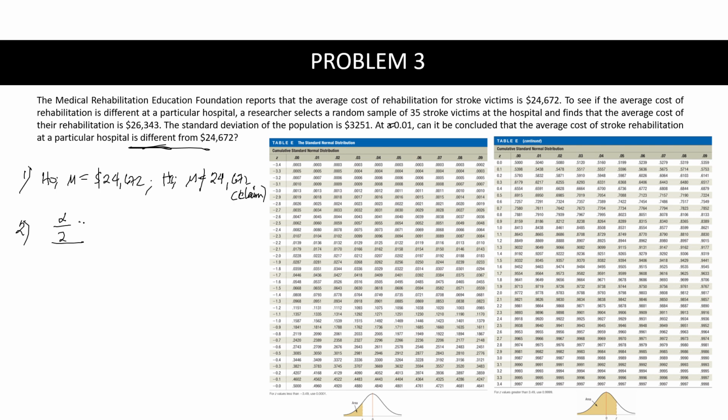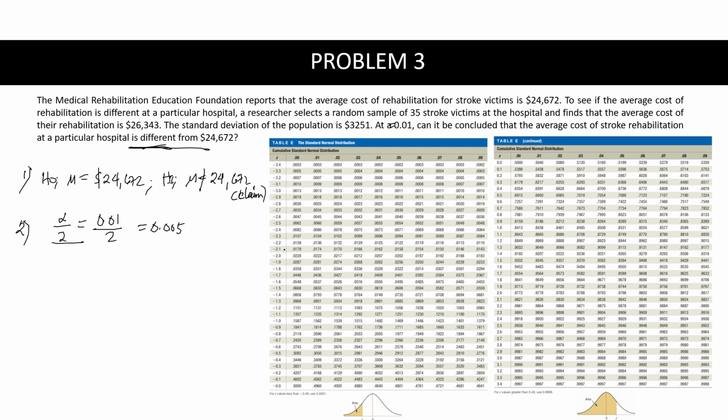Our alpha divided by 2 is 0.01 divided by 2, which is equal to 0.005.